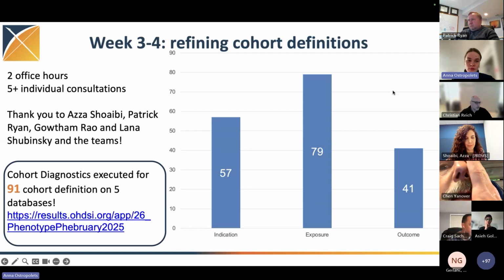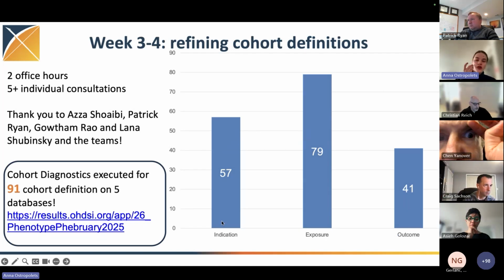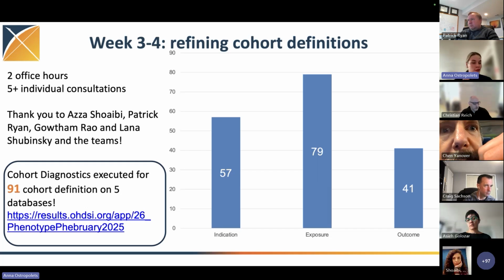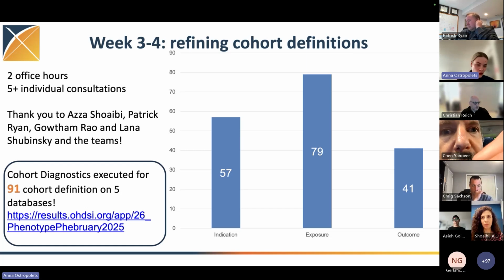What we did so far is that we ran Cohort Diagnostics for 91 cohorts on 5 databases. We published it on data.ohdsi.org, and now we also published it on results.ohdsi.org. We'll post the link in the chat for everybody.